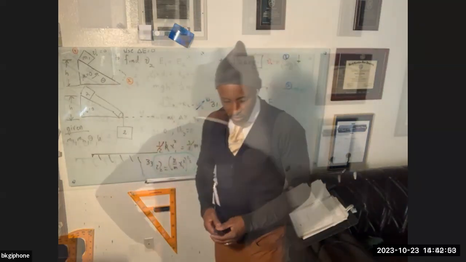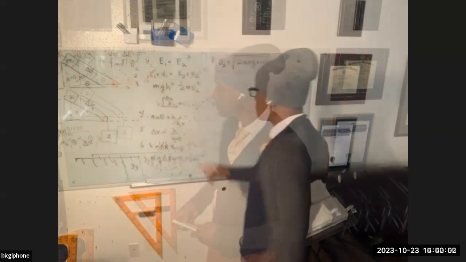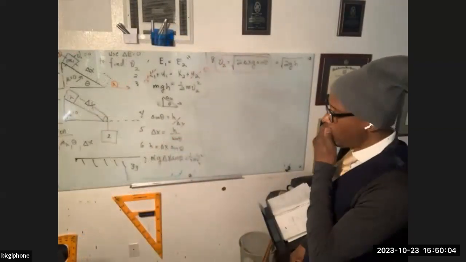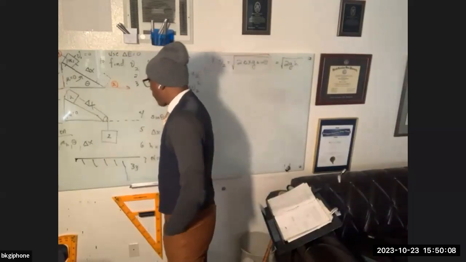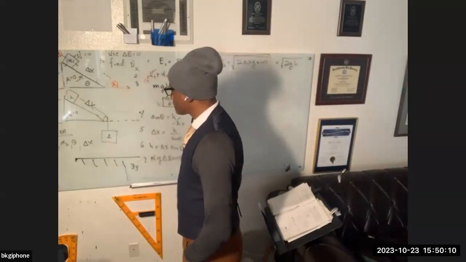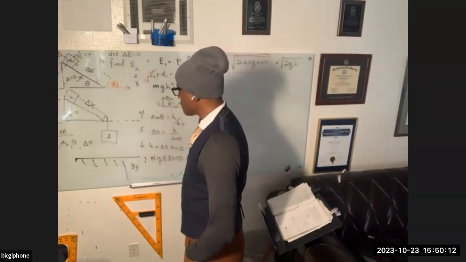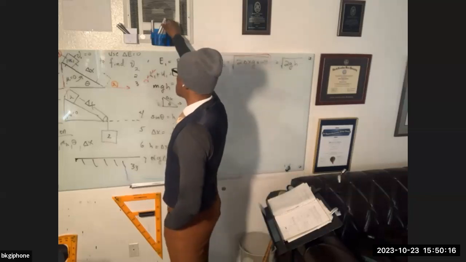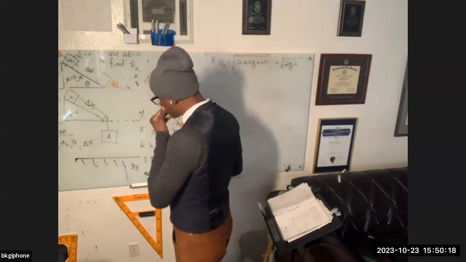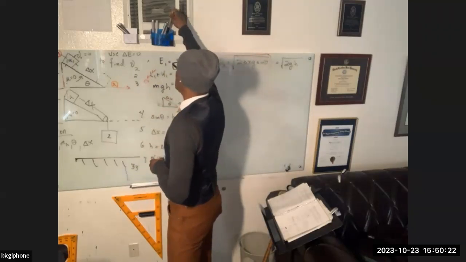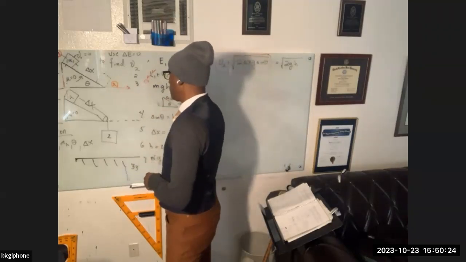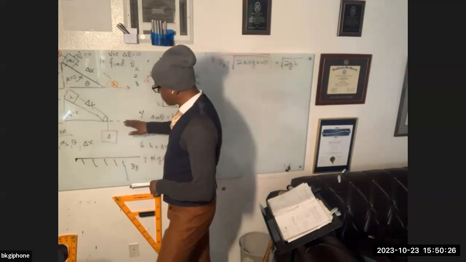Okay, all right, so let's go ahead and break right now. And so the next one, you've got two different objects. I'm going to label three different positions, position 2.